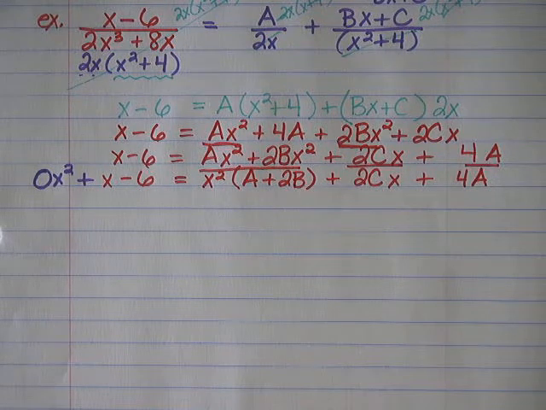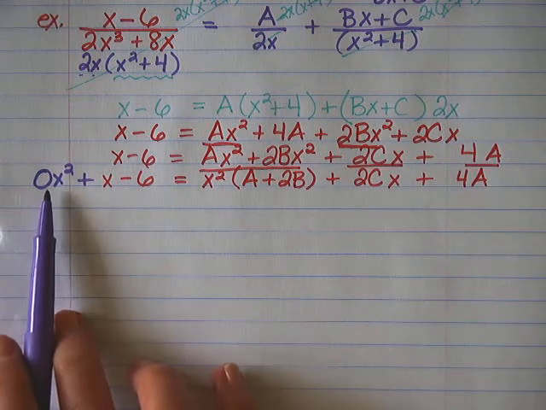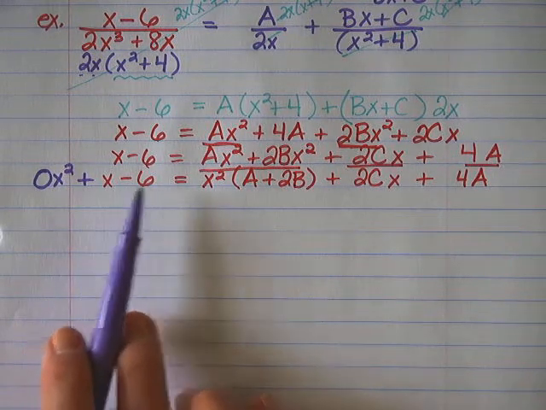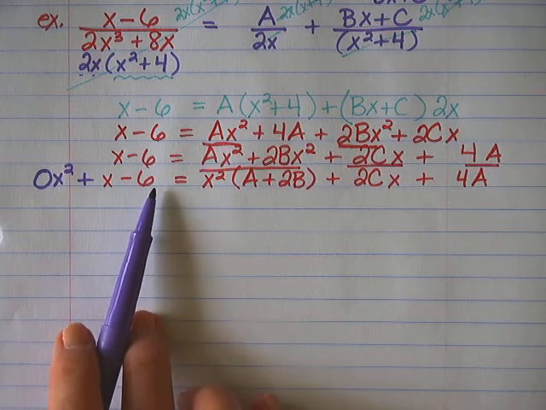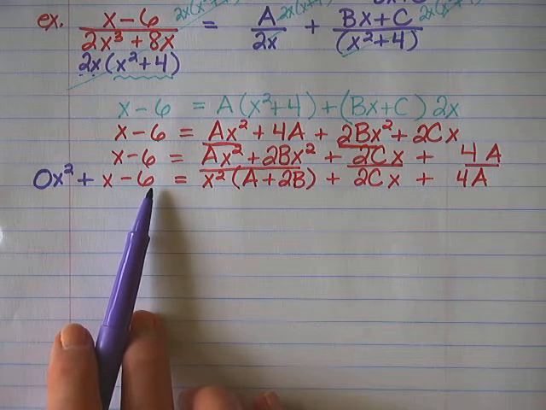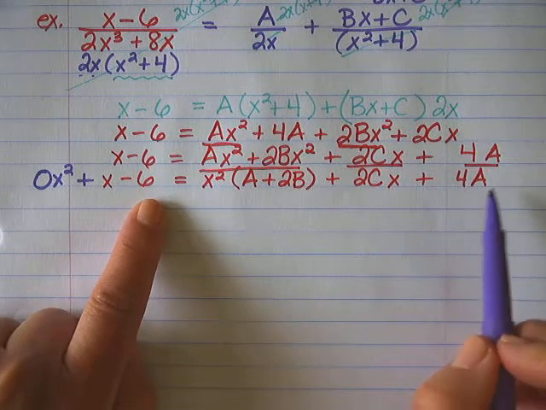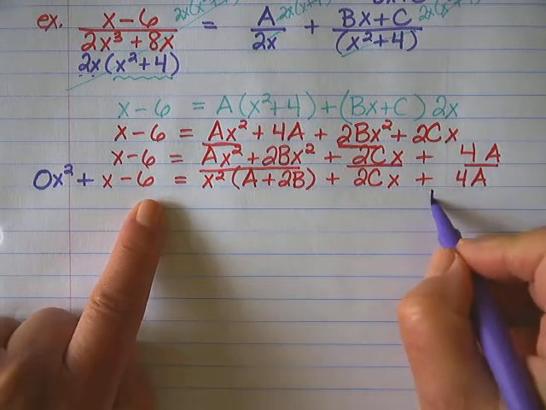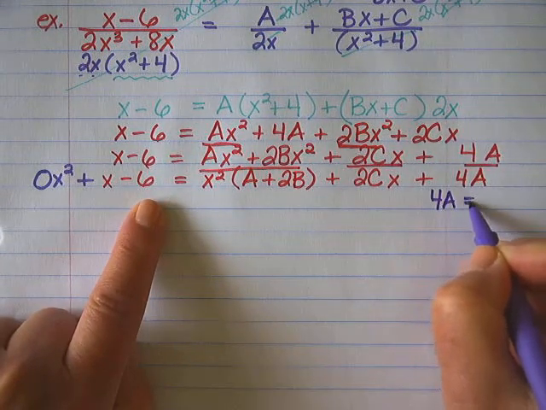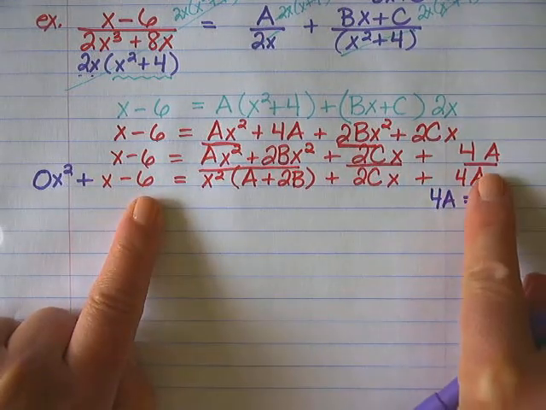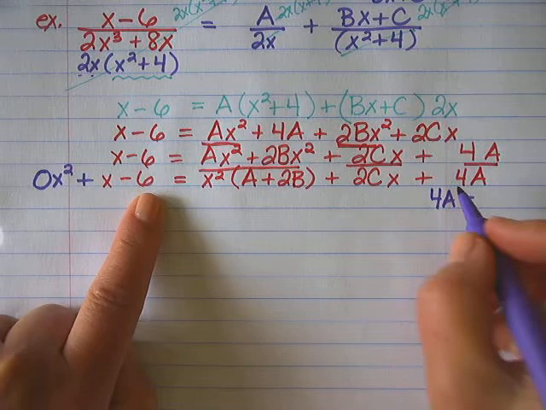Like, if I look at, so this is like the quadratic term, this is the linear term, this is the constant term. So let's kind of take this one step at a time. Do you agree then that this term right here, 4a, is going to be the same value? If these two things are equal, then that constant term is equal to this constant term.